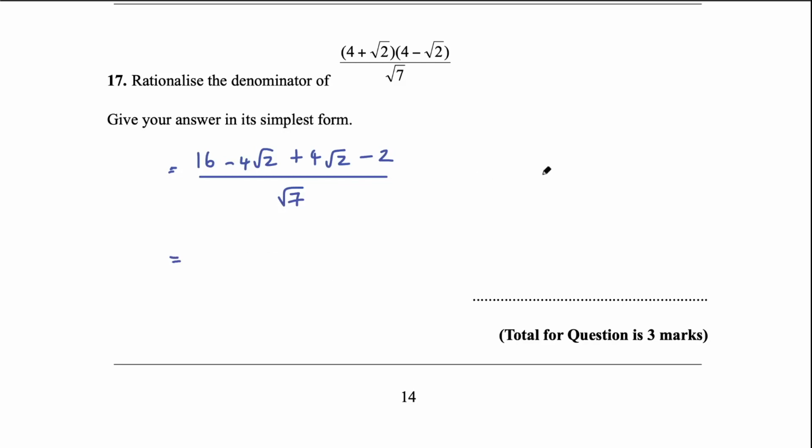Then simplify. So these middle terms here would cancel out, and then we'd be left with 16 take 2, which is 14 over root 7, and then rationalize, so multiply by root 7 on root 7, which equals 14 root 7 over 7 would be 2 root 7. So final answer there, 2 root 7.